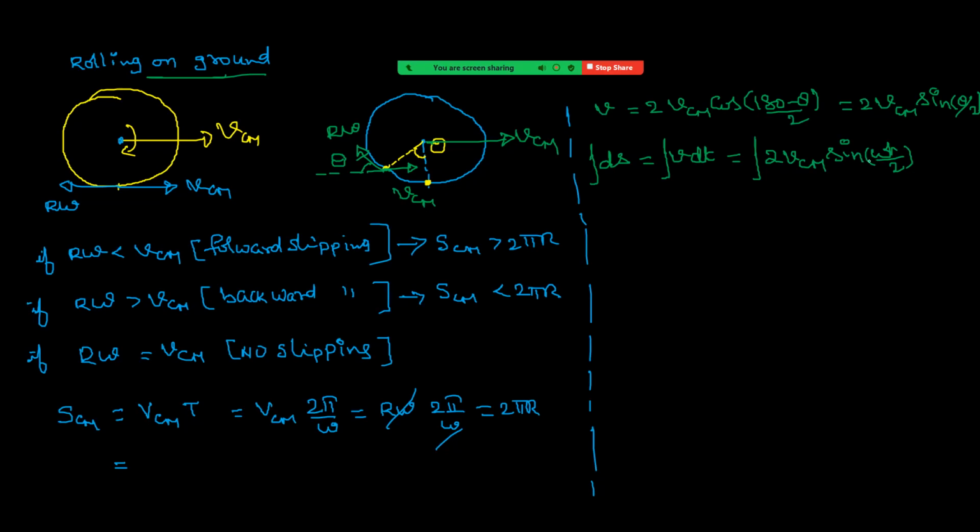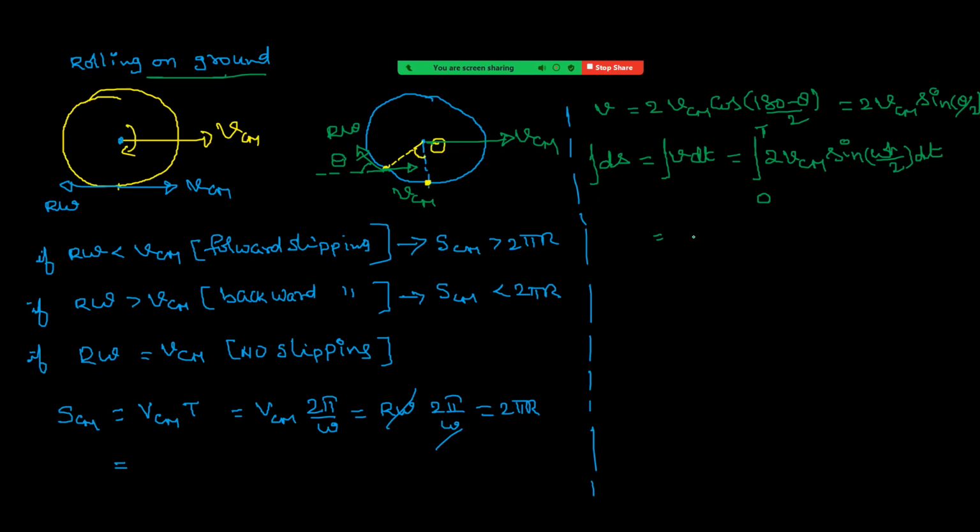When omega is constant, we can write theta equal to omega t, right? Into dt. Now take limits 0 to T. Means we are focused now on one time period. That means when t equal to 0, it is touching the ground. When t equal to capital T, it again touches the ground, right?